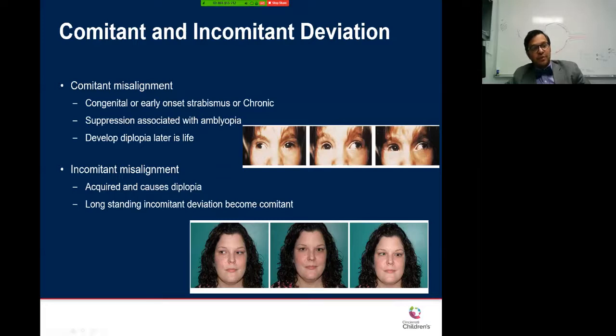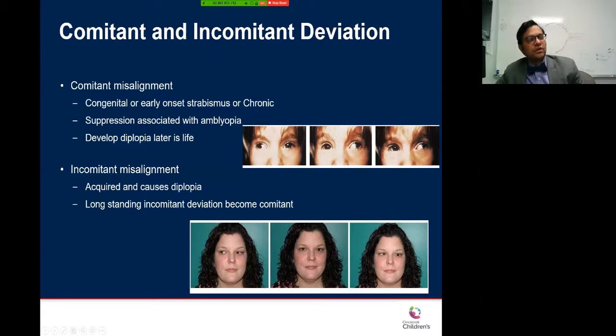She may have a little bit of a deviation here, really nothing over here, but then has a large deviation here. So the deviation is changing dependent on the gaze, okay? And that usually occurs in an acquired or an acute setting for double vision. On the contrary, this patient, you can already see, has a large exotropia here. This eye is shifted out, the left eye.